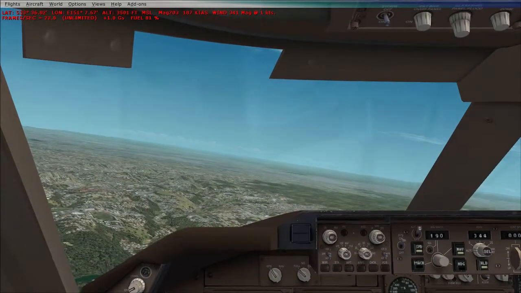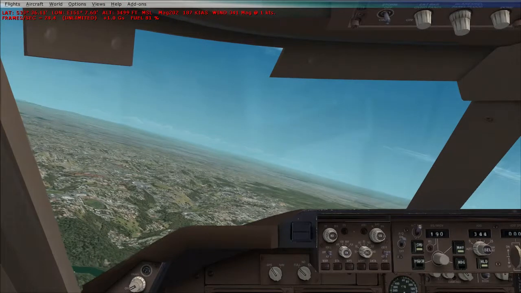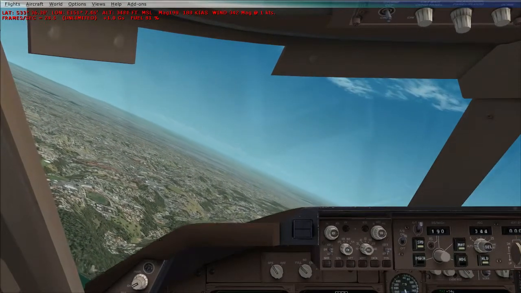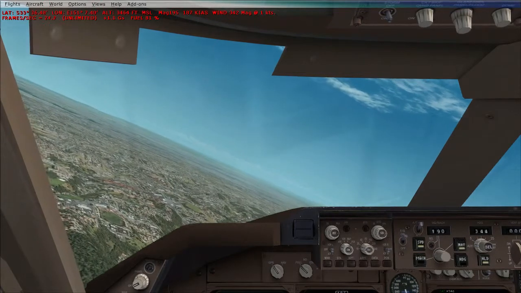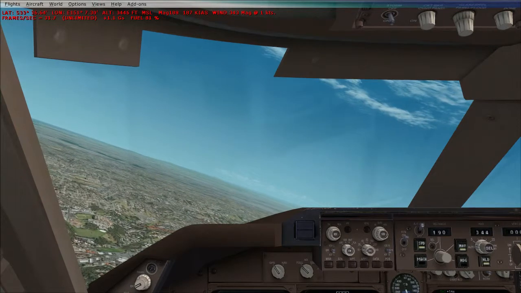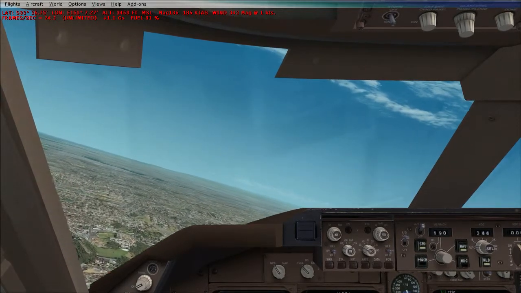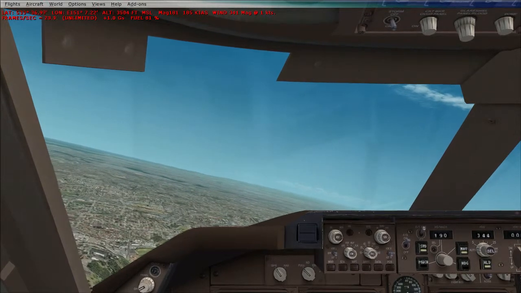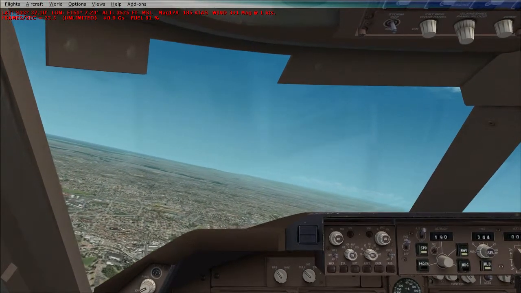Okay, nice and easy does it. 187 knots indicated airspeed. A little bit of stick to overcome the added drag of the turn.